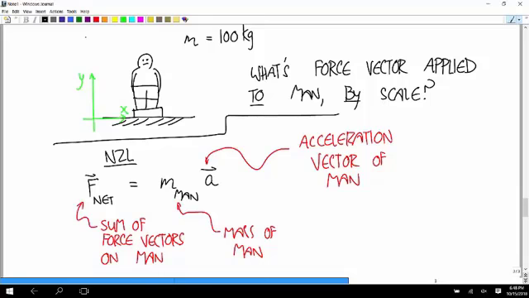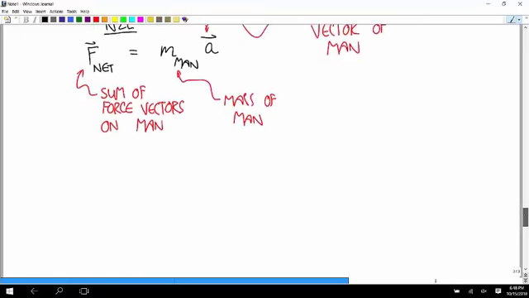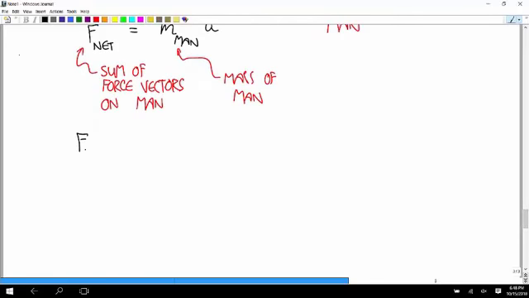Okay, so what forces are acting on the man? Well, gravity is always acting on anything. And now we know the force of gravity, so let's break it up. The force applied by gravity, the weight, is equal to 0 in the x direction.